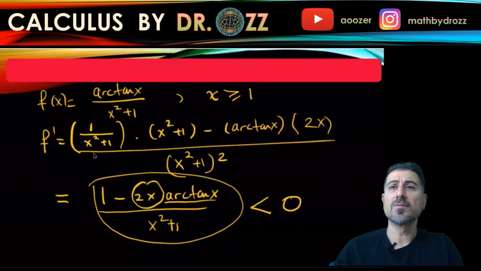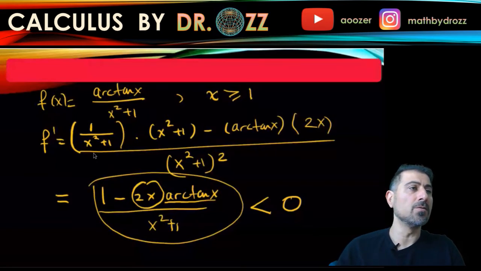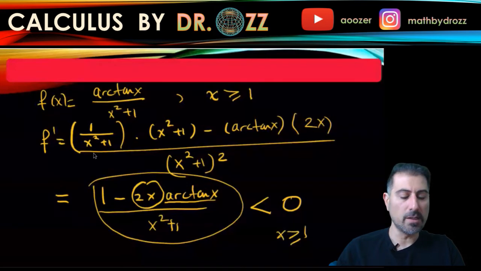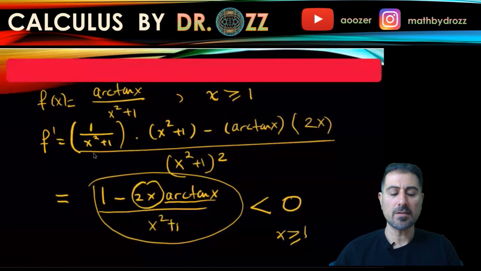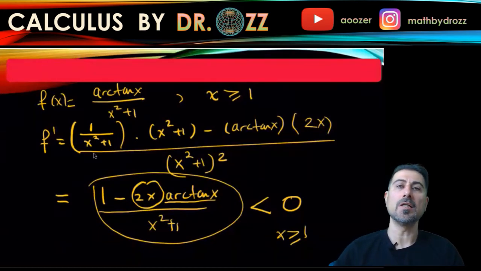So you're safe saying this is negative for x greater than or equal to 1. But again, if you're not feeling confident about it, graph this function starting from x min 1, and you will see that the graph is going to stay below the x-axis.